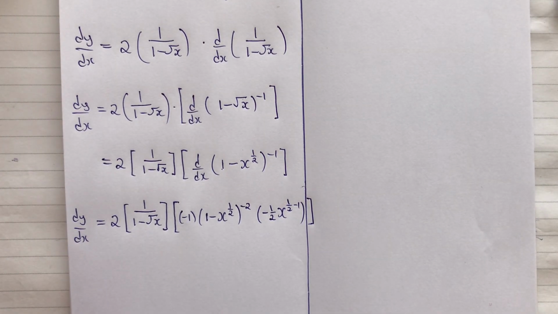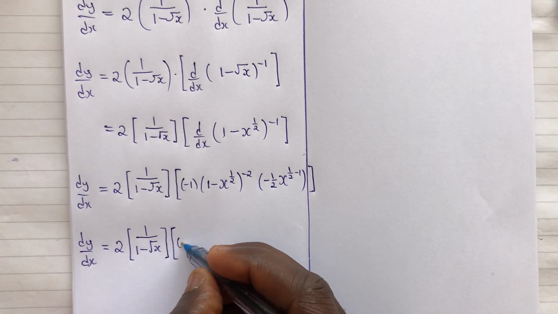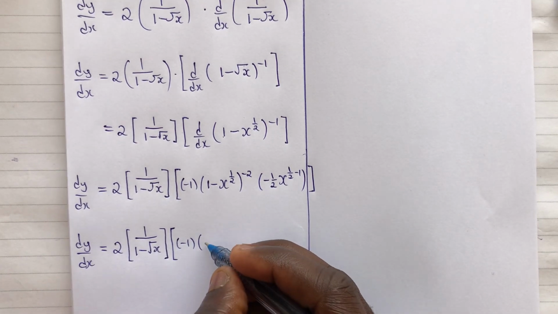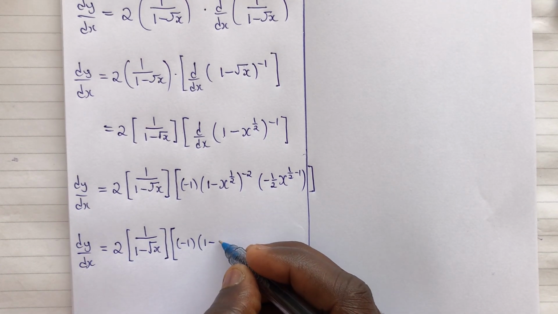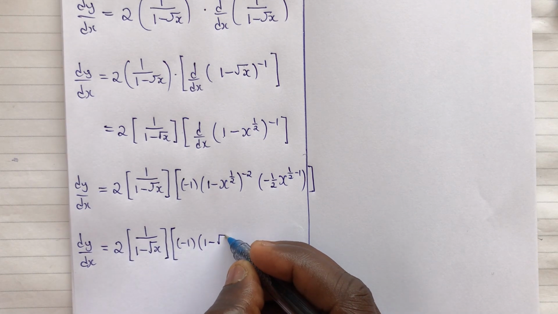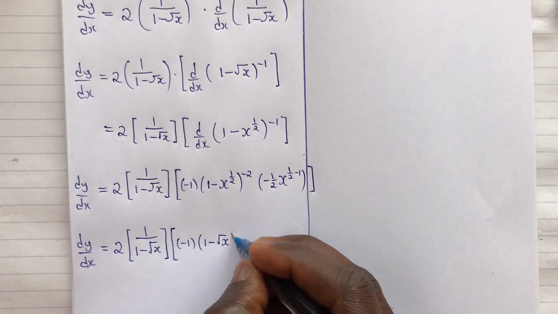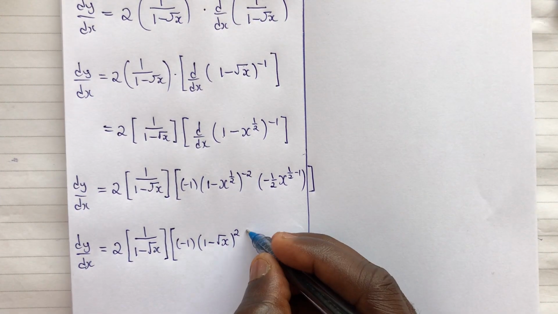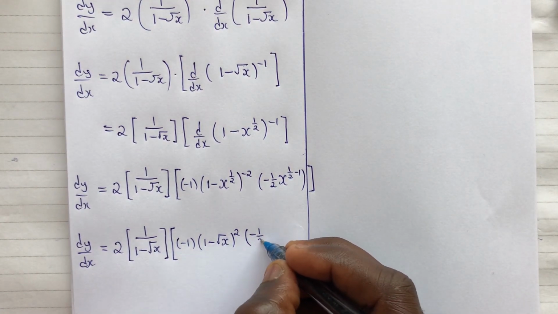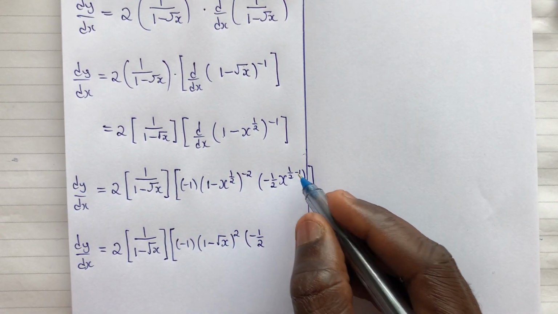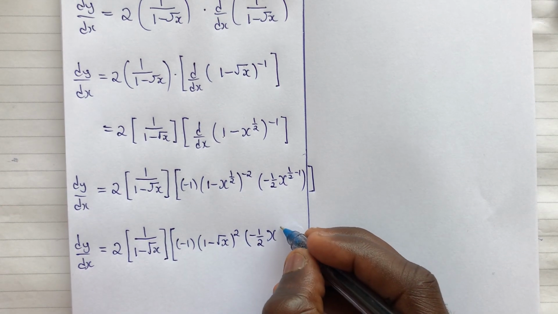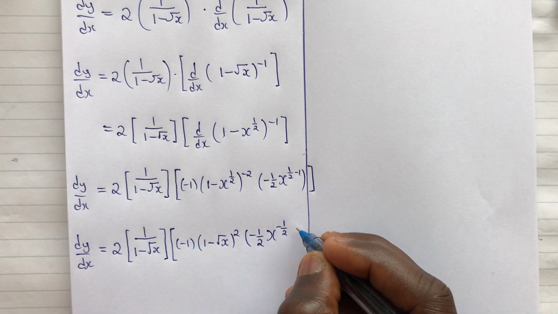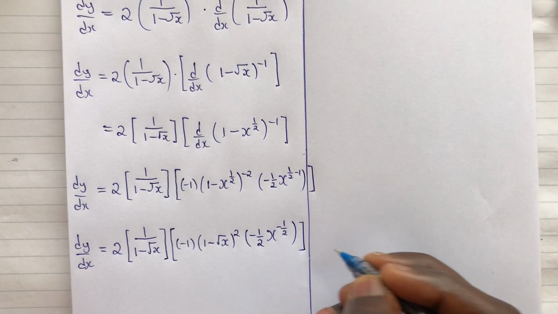Okay? So now, this is giving us negative 1 into 1 minus the same root of x, I'm changing it back, all squared times negative 1 over 2. When you subtract this, we are having x to the power negative 1 over 2. Okay, so this is it.